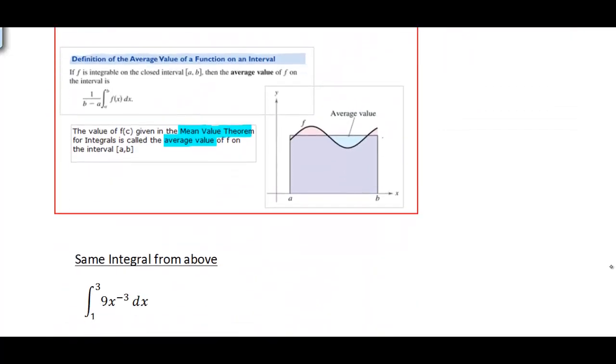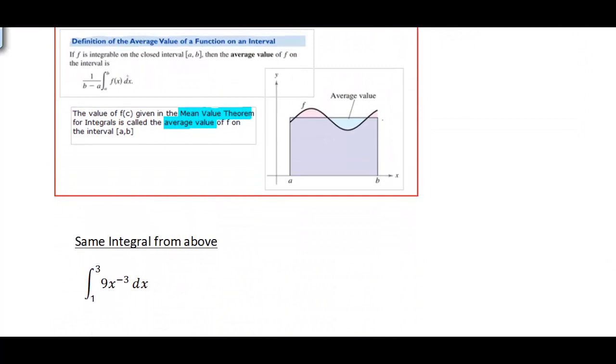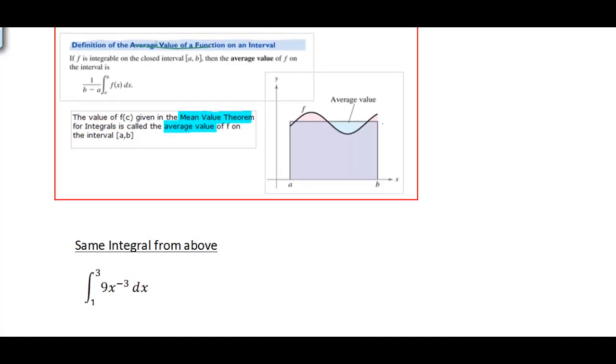So down here, it says that the average value is simply going to be 1 over b minus a times the integral of f of x dx.